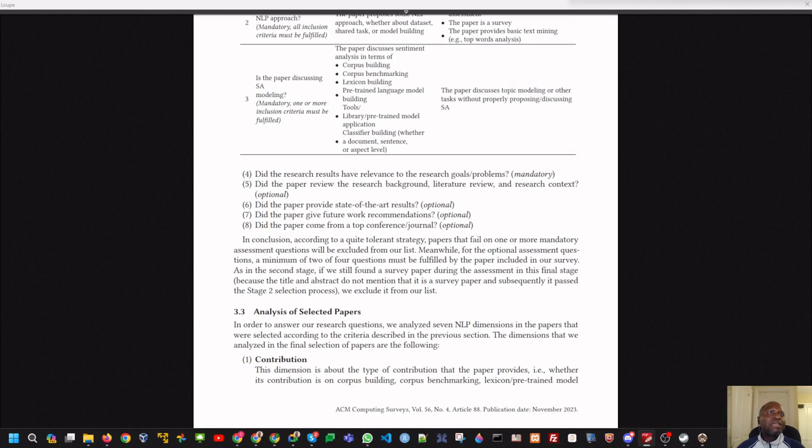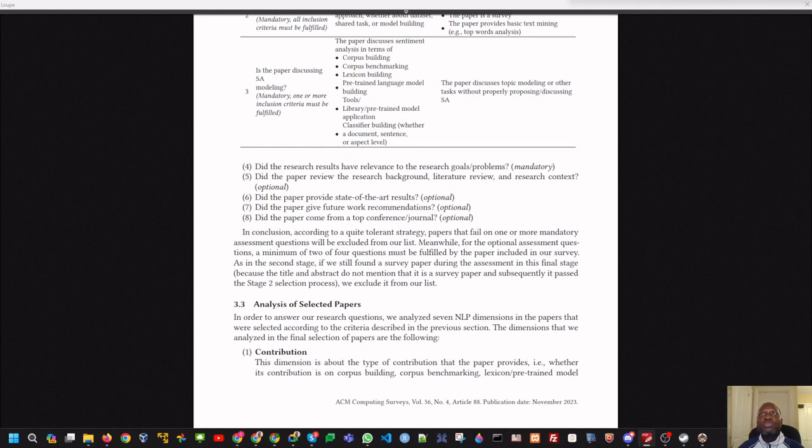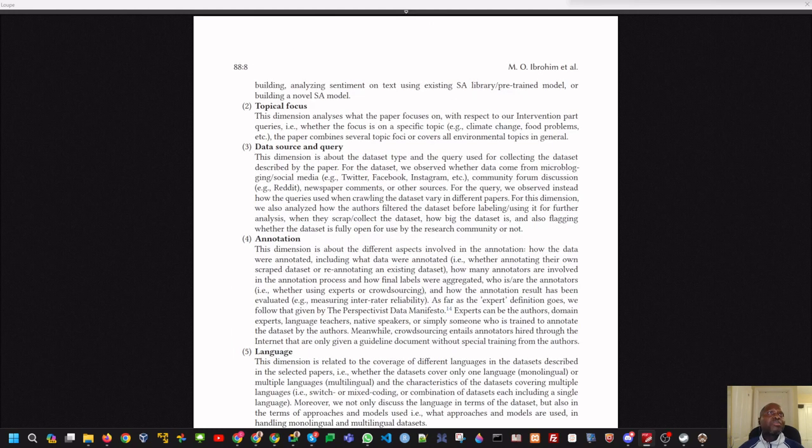They start, of course, with the contribution. After that, they look at other dimensions: topical focus, data source and query, annotation, annotation language.